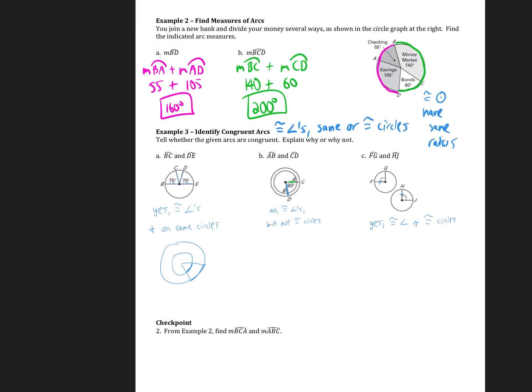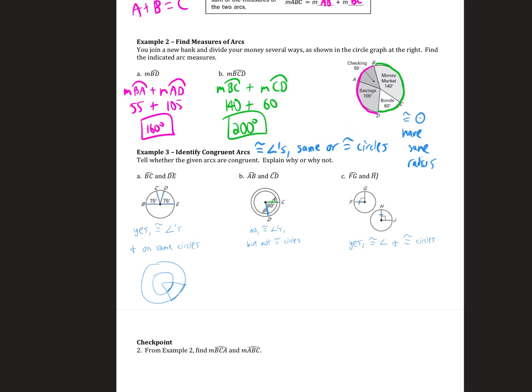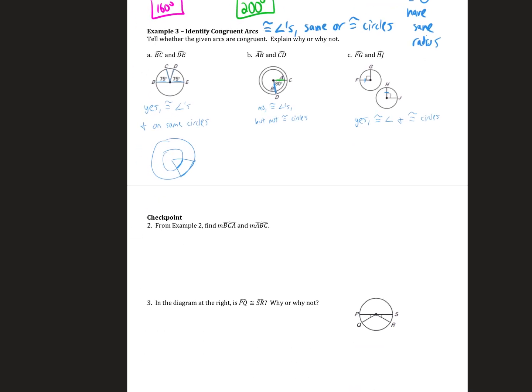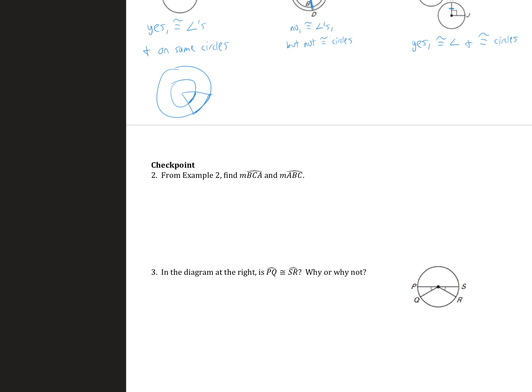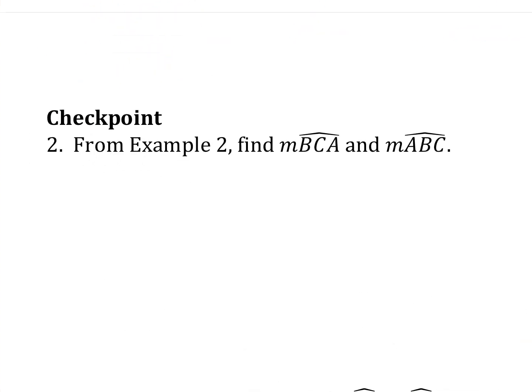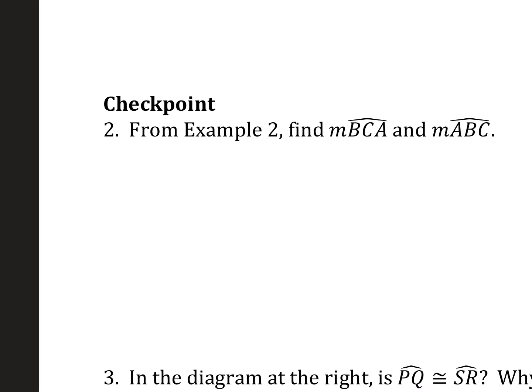All right, from example 2, it looks like we're talking about BCA, and we're looking for ABC. So let's go through these together. Measure of arc BCA is going to equal 140 plus 60.